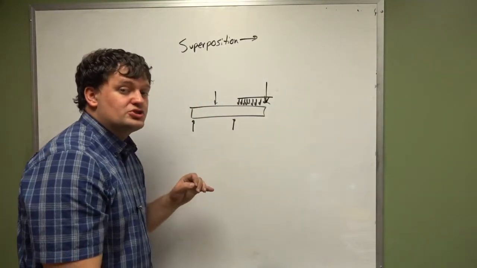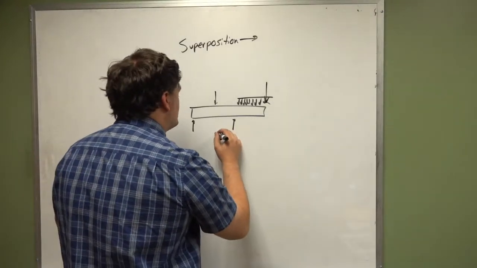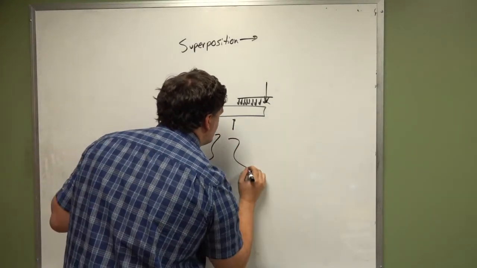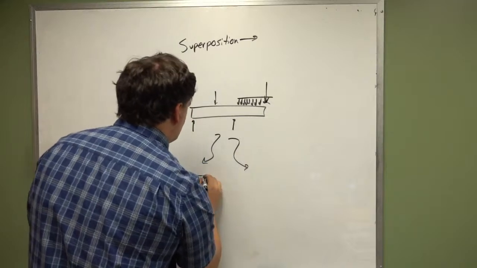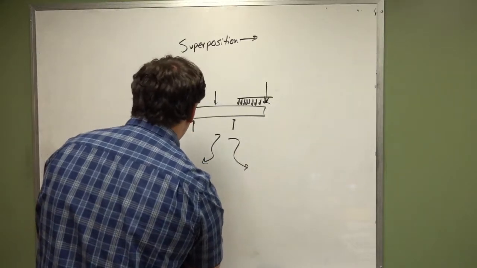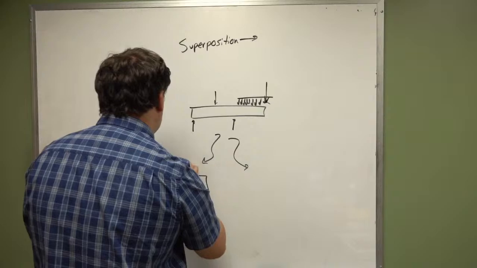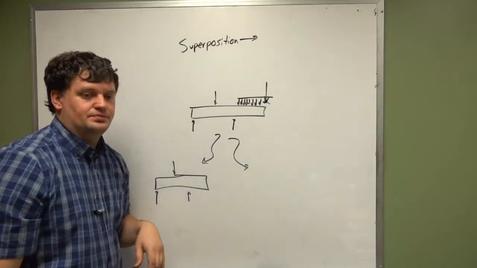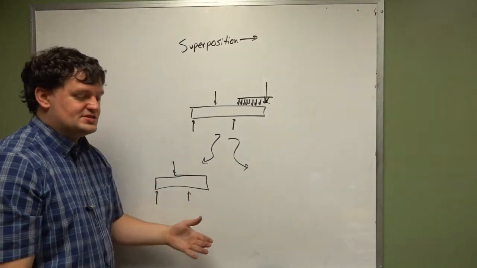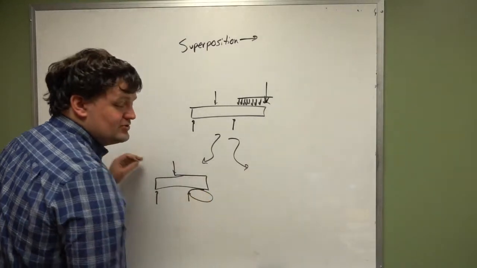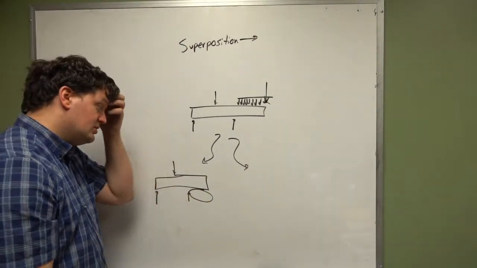What we can do for superposition is break this down into multiple systems. So for system 1, we have something that looks like this. We find the deformations of the system. We can find what the Y values are over here for this overhang.